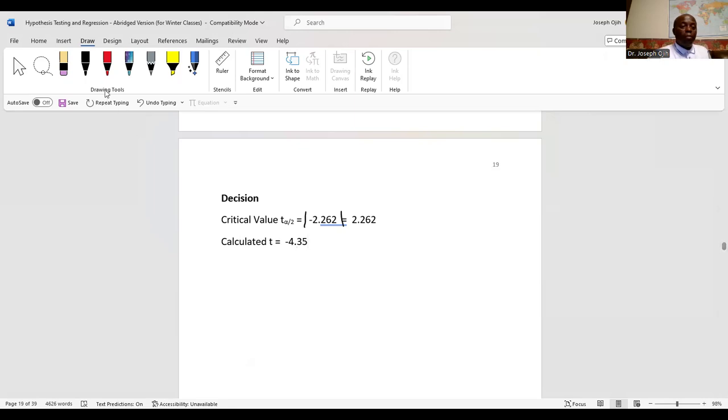Again, we're using the absolute value, which gives us 4.35. So you can see that 4.35 is bigger than 2.262. Because of that, we reject the null hypothesis. If the answer is bigger than the critical value, we reject the null hypothesis.